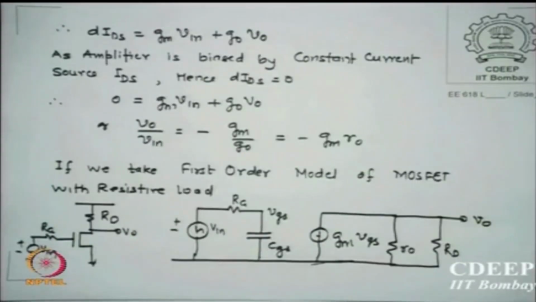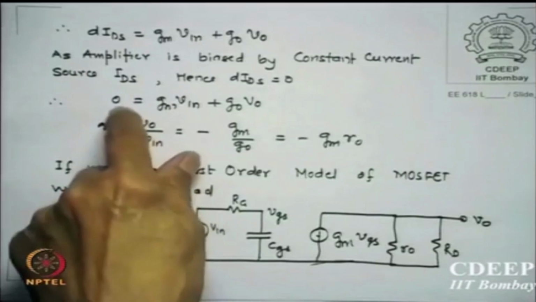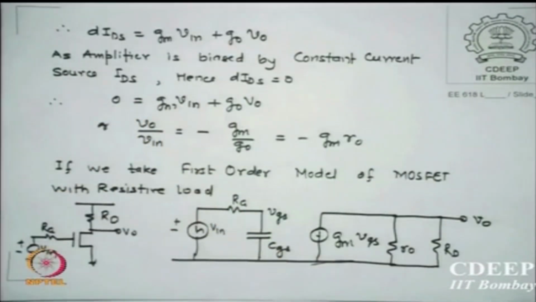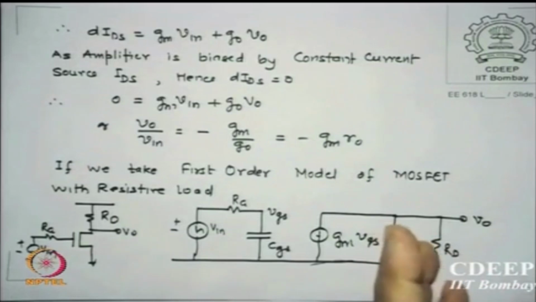As the amplifier is biased with a constant current source, there is no change in current, so delta IDS is 0, which is equal to Gm Vn plus G0 V0. If I take the ratio of V0 by Vn, it is minus Gm by G0. G0 is the output conductance, which is 1 upon R0, so it is minus GmR0. That is the expression we derived.